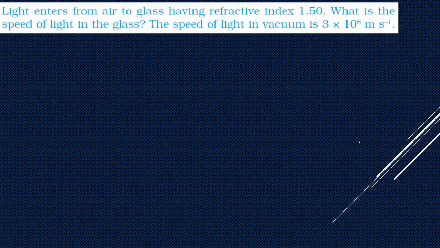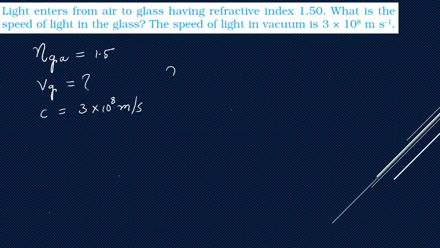One more last question. It says light enters from air to glass having refractive index 1.5, the refractive index of air to glass. So that means it will be the refractive index of glass with respect to air. It's 1.5. We need to find the speed of light in glass, Vg, and C has been given to you as 3 into 10 to the power 8 meter per second. So as the question goes, the refractive index of glass with respect to air will be velocity in air, that is your C, upon velocity in glass.